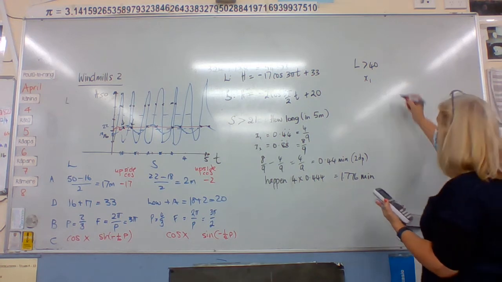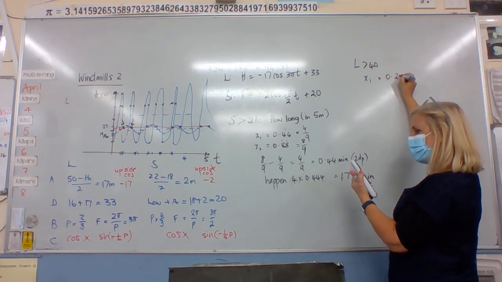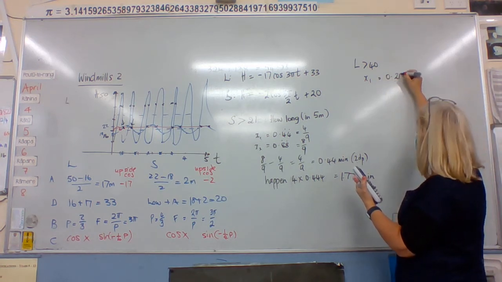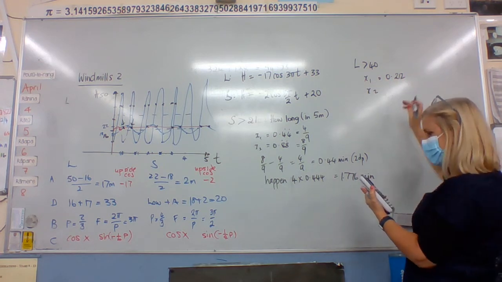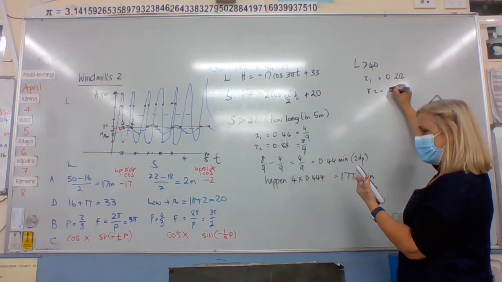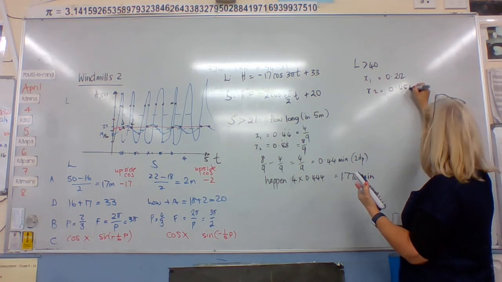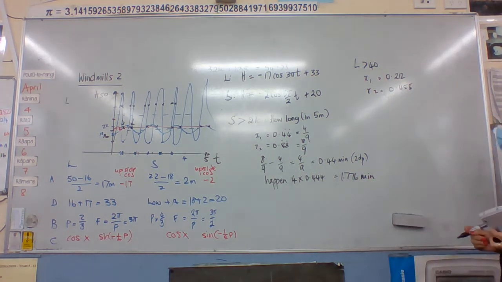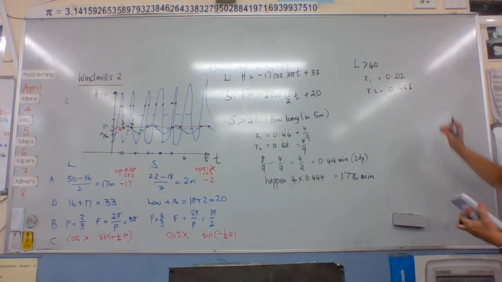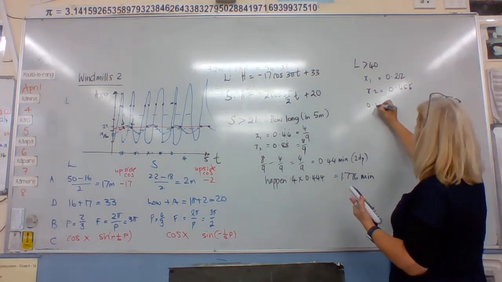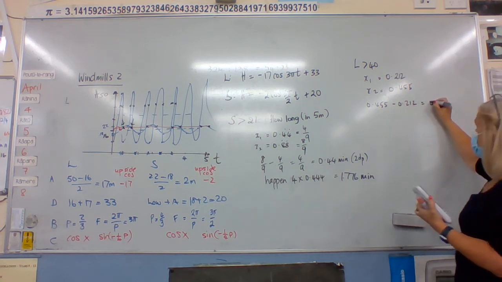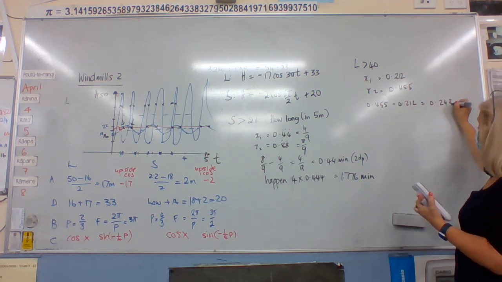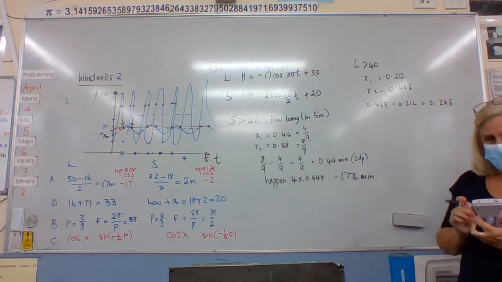I'm having that positive: 0.212, and x2, 0.455. Okay. So I need to subtract those. 0.455 minus 0.212 equals 0.243.